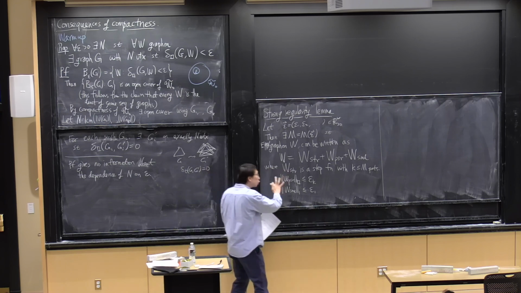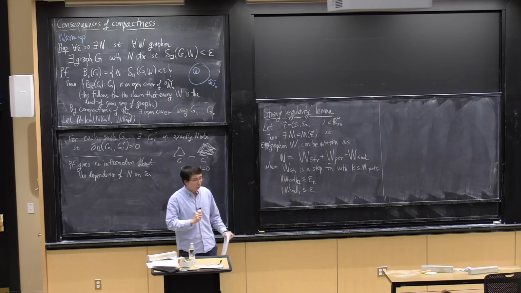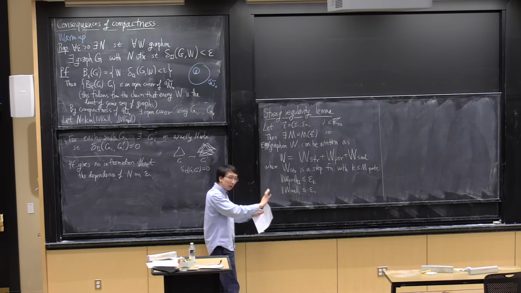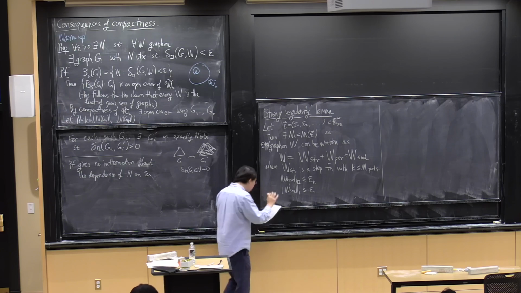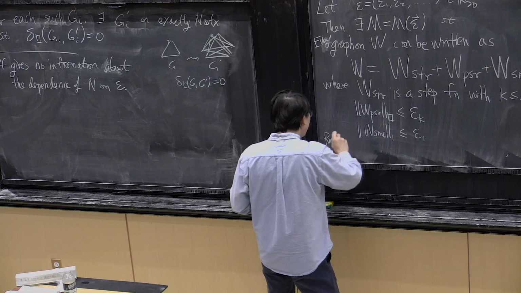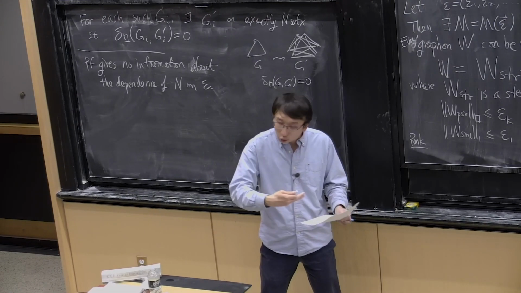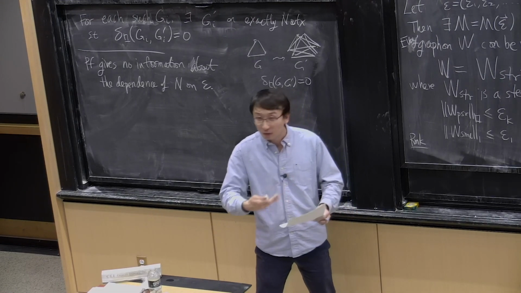So we saw some version of this earlier when we discussed the spectral proof of regularity lemma. I don't want to go into details of how these two things are related, but just to comment that depending on your choice of the epsilon parameters, it relates to some of the different versions of regularity lemma that we've seen before.